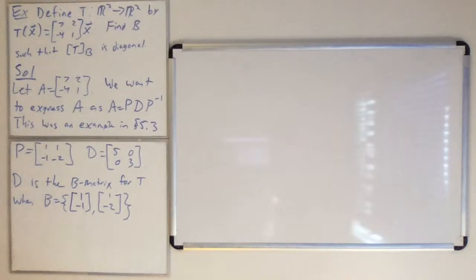Okay, so now we could state the theorem that will tell us in general how to find this B matrix, and then we'll talk about a quick way to compute this.